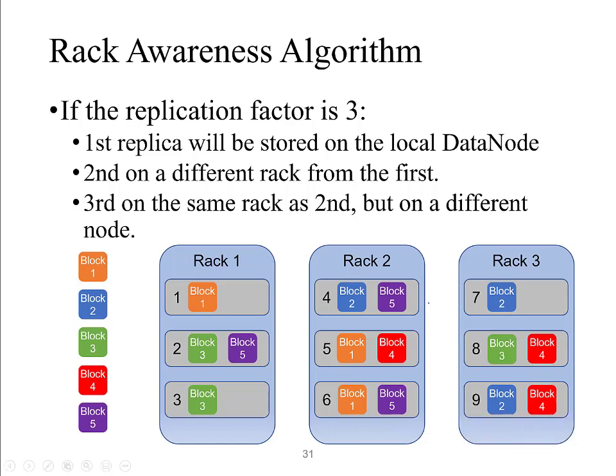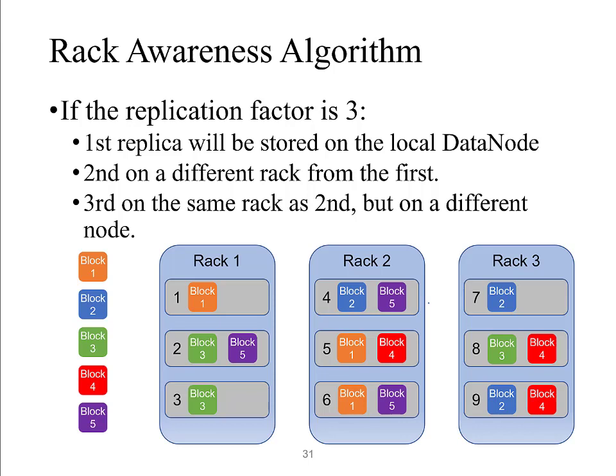So the reason we have this rack awareness algorithm here is to try to preserve the data from being lost, and in the meanwhile increase the speed of write and read and recovery.